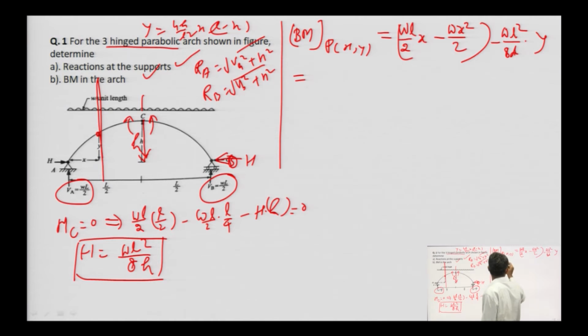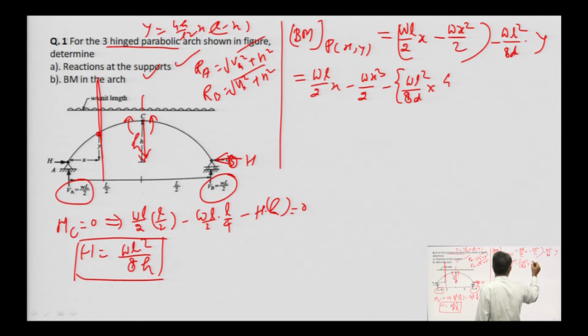So, by putting this value, we will get WL by 2 into x minus Wx square by 2 minus WL square upon 8d into y. What is d? d is actually h. Okay, here we are writing it as h, so WL square by 8h.